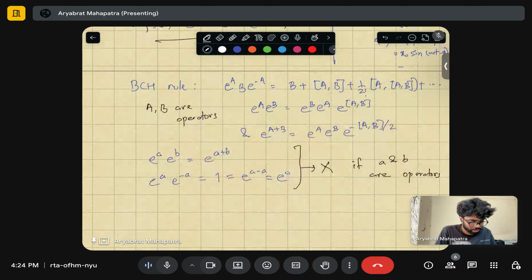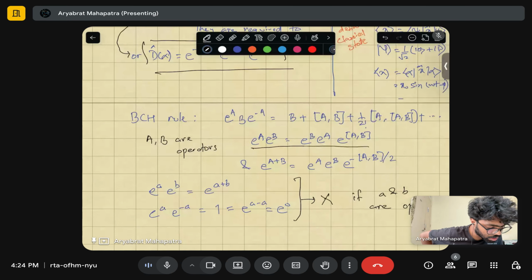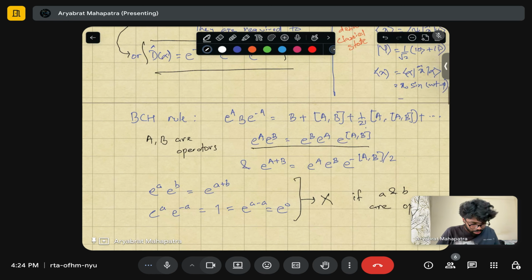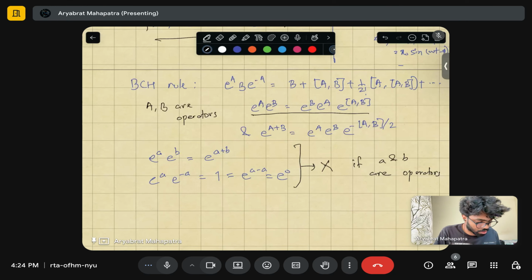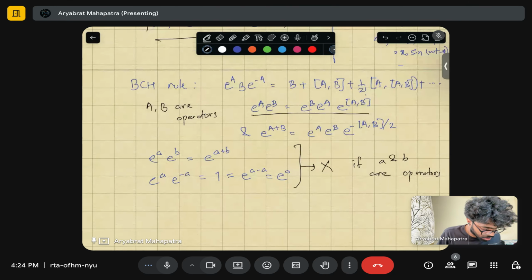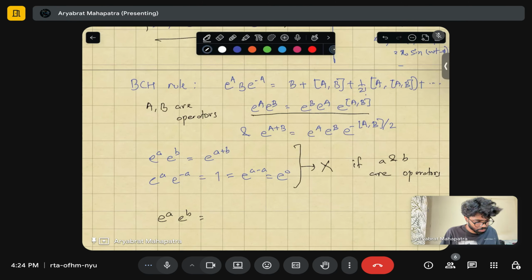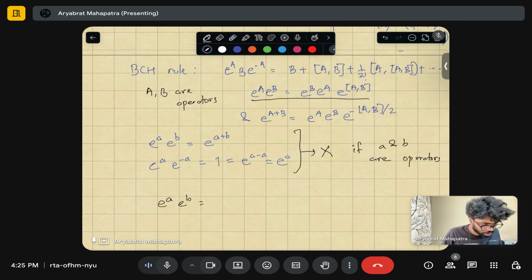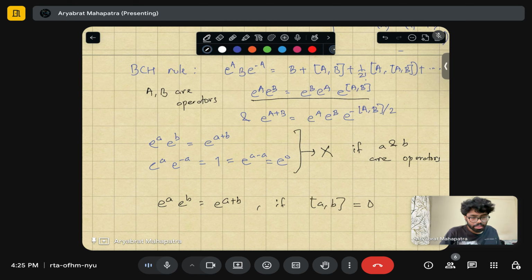Because when you take the exponential of operators, they have to satisfy this kind of relation. From the BCH rule, if you take e to the power A and e to the power B, then you cannot write e to the power A plus B. Rather, it is e to the power B, e to the power A, then e to the power commutator of A, B. But if the commutator of A, B is 0, only in that case can you have this.